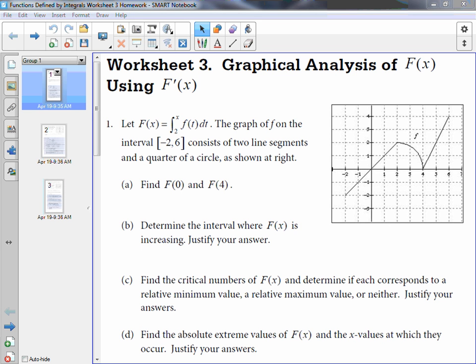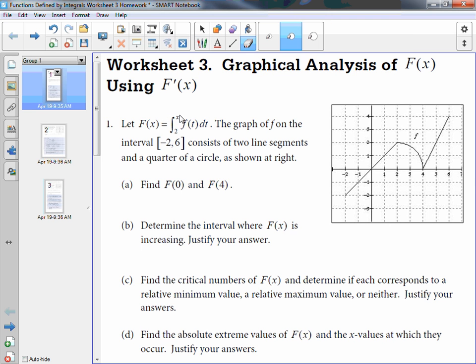Now, since we only need to find 2 of these, I'm not going to bother, well, I take that back. I was going to say I'm not going to bother rewriting this as a function without the integral. I can't anyway. They didn't tell me what f of t equals. So, to find F of 0, I'll put a 0 right there, evaluate that integral. To find F of 4, I'll put a 4 right there, and evaluate the integral.